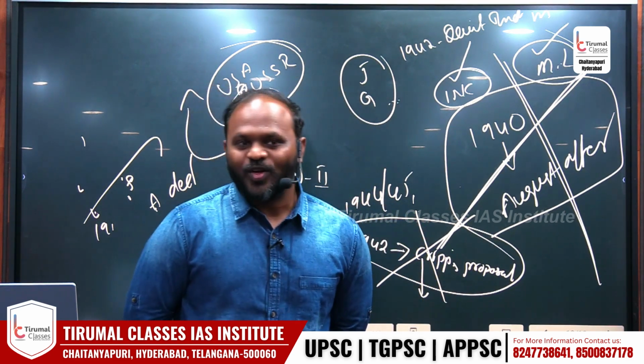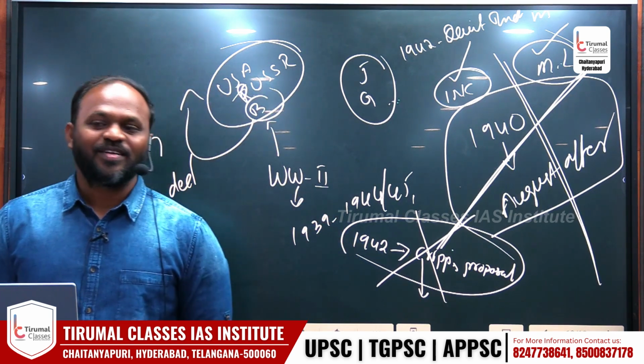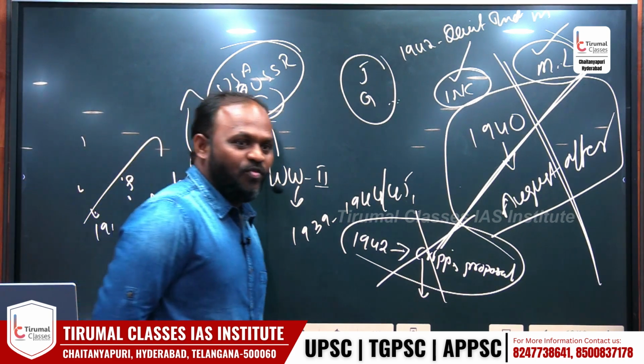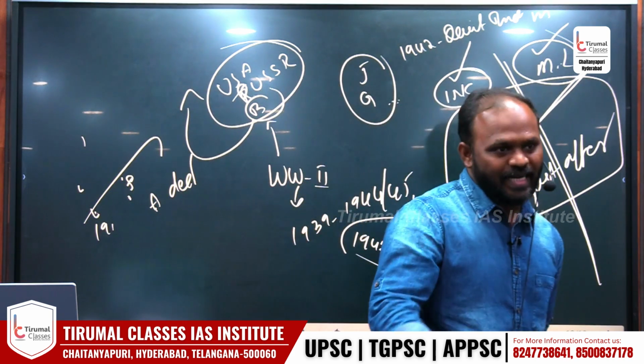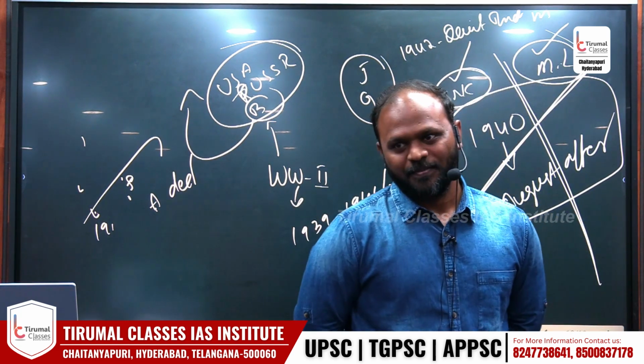Then how did we get the Constituent Assembly? How did we get independence? There is our little friend called Japan. Even though World War II was completed in 1944, the British had a threat from the Japanese.